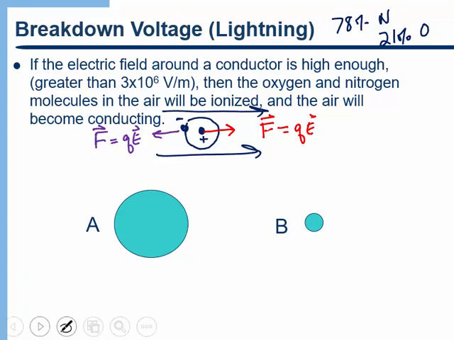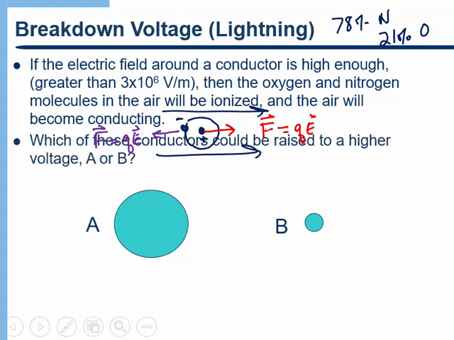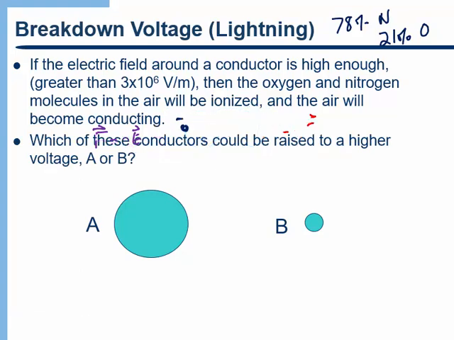All right, so now here's the question. Of course, I forgot that was going to show up right there, so hopefully you remember what I wrote. Which of these conductors could be raised to a higher voltage, A or B? The question is, when am I going to start getting breakdown or lightning? In other words, sparks are going to start going off once the electric field at the surface of the conductor becomes high enough to start ionizing the air.